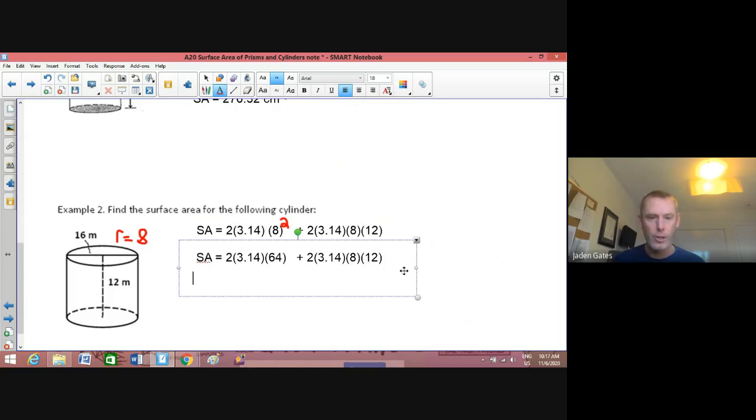Now the next step is multiplying. I have 3 numbers to multiply here, and then 4 numbers to multiply here. So 2 times 3.14 times 64, and I'm getting 401.92, going to 2 decimal places.